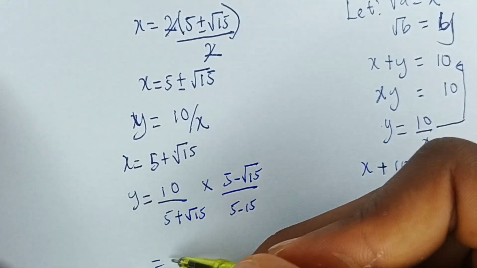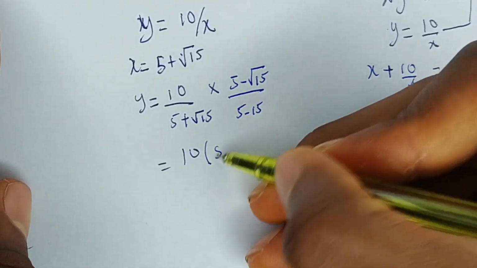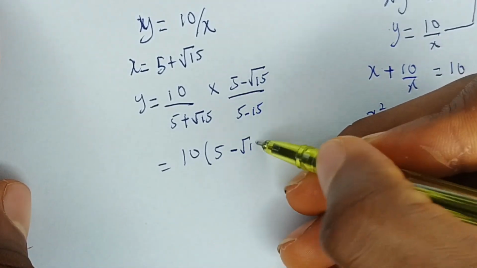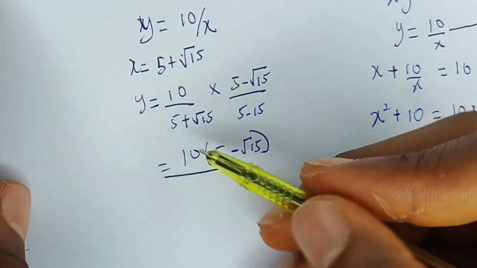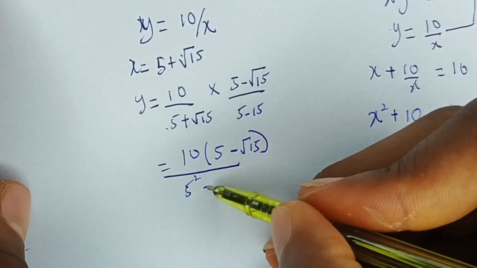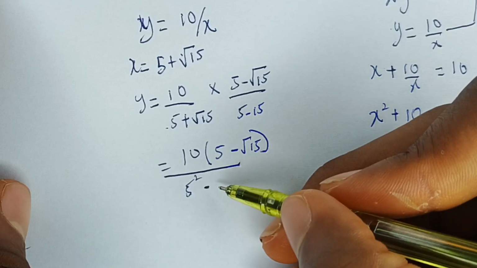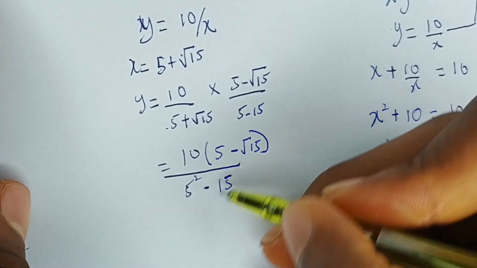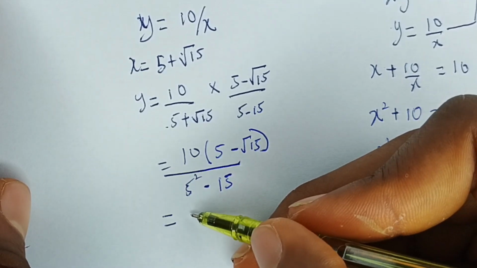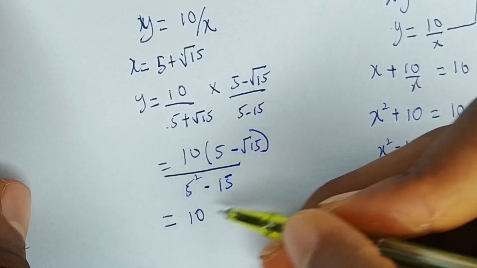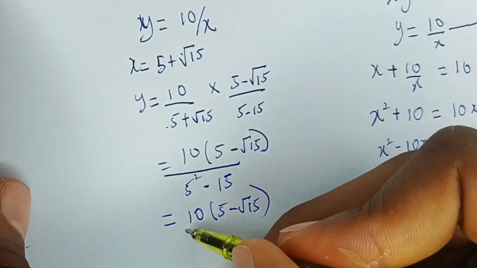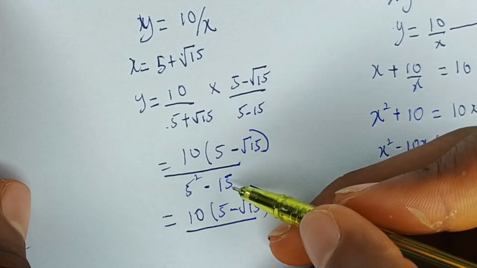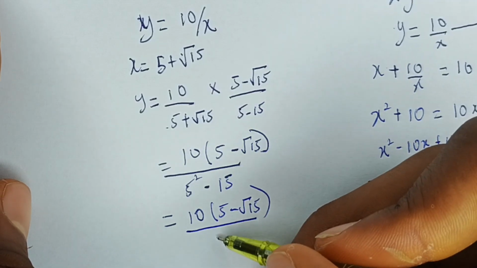This will be equal to 10 into 5 minus root of 15 over 5 squared minus root of 15 squared, which is 15. This is now equal to 10 into 5 minus root of 15 all over 25 minus 15, which is 10.